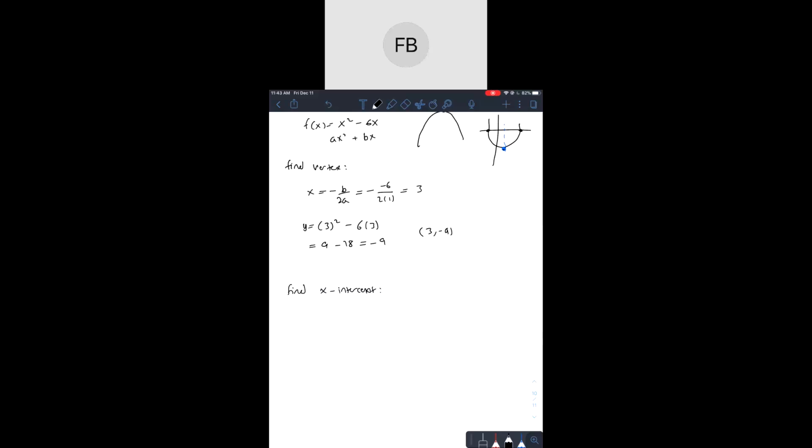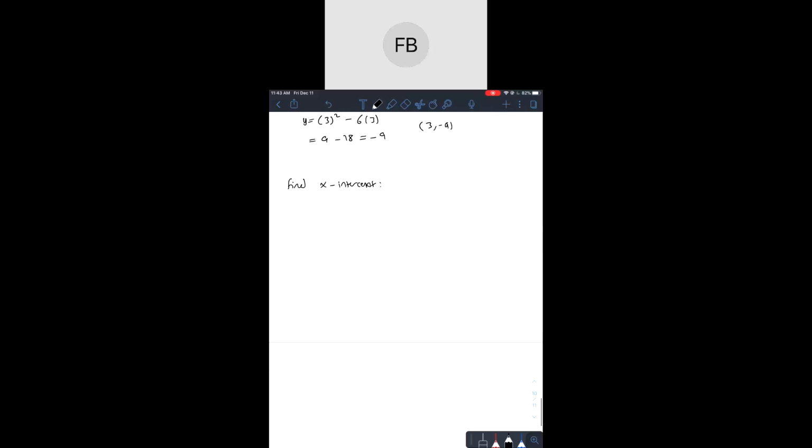All right, let's find the x-intercept. Now what are x-intercepts? X-intercepts are the spots on your graph where it touches the x-axis. Those are also known as the roots. For that, you just find the zeros of the equation.